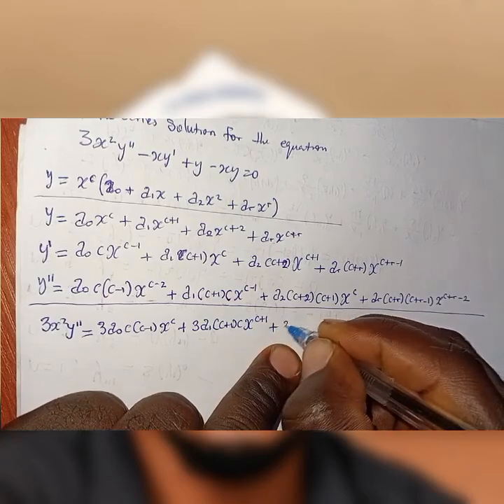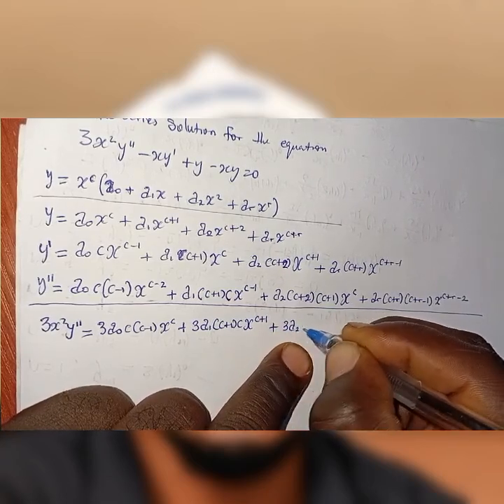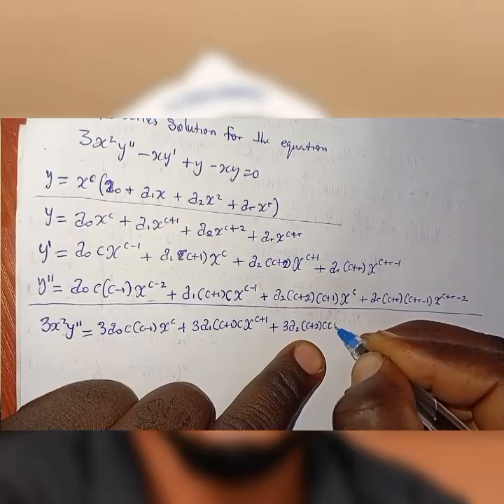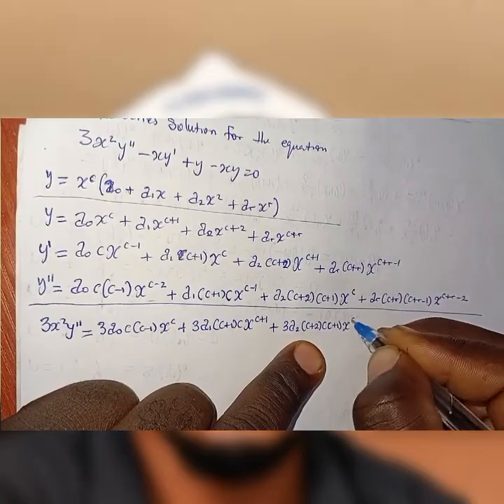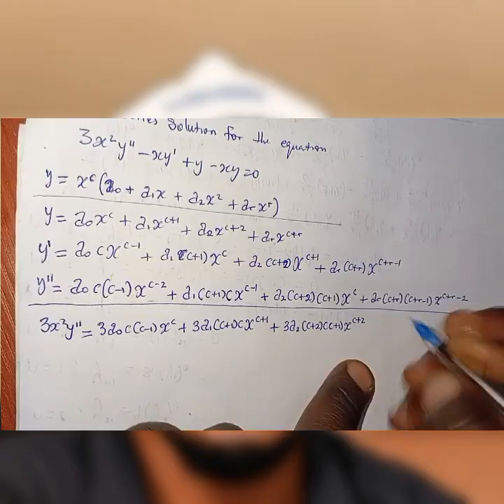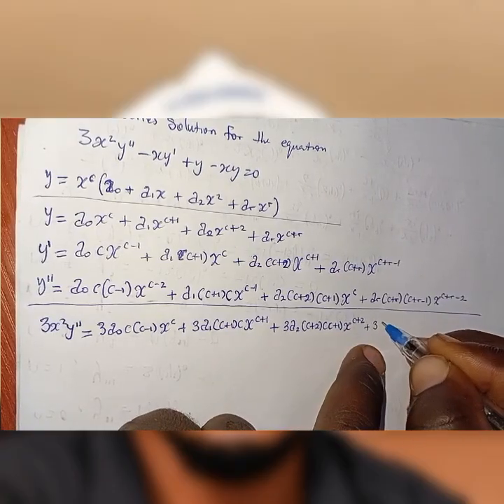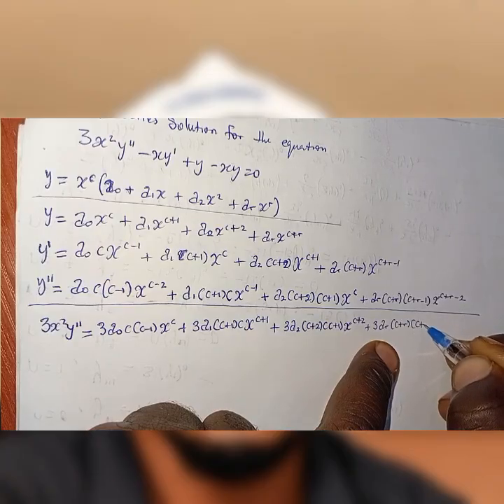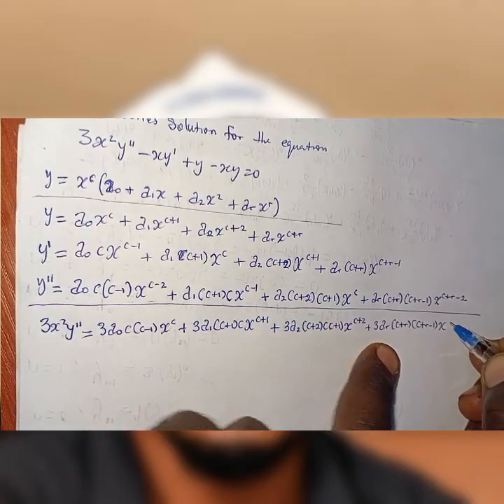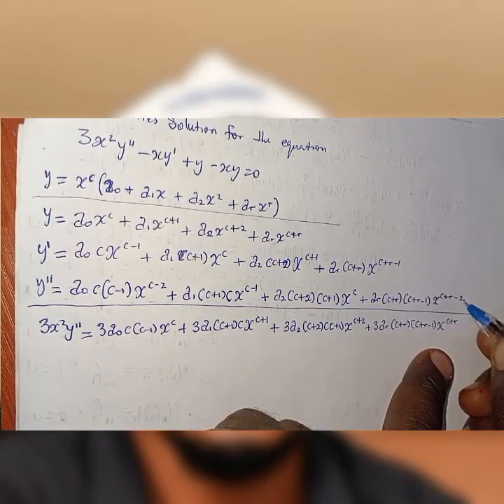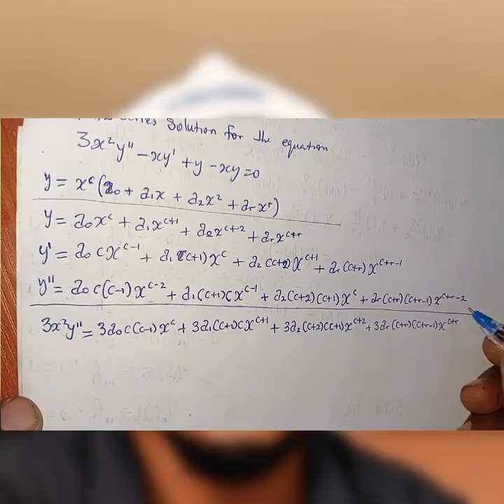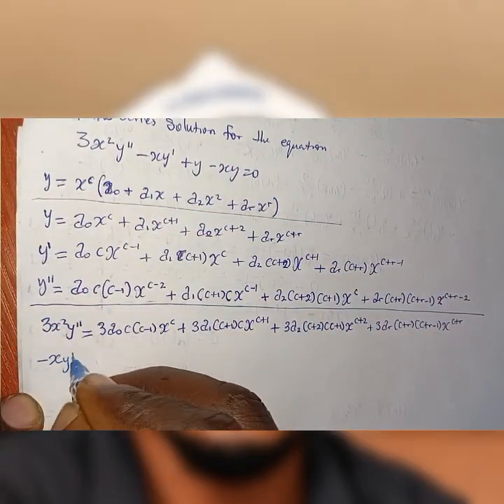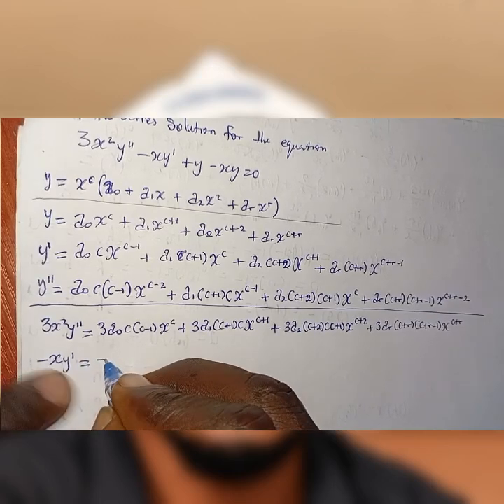Then we have 3 A2 (c plus 2)(c plus 1) x raised power c plus 2 plus 3 Ar (c plus r)(c plus r minus 1) x raised power c plus r minus 2 plus 2, cancel out.